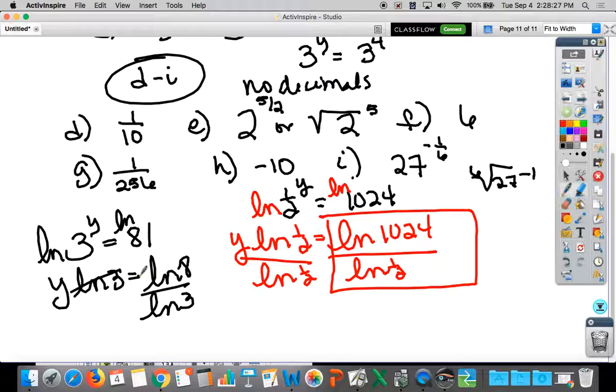So if it's in exponential form and your power is the unknown, if it's not trial and error, this is a really great way of getting to that answer.